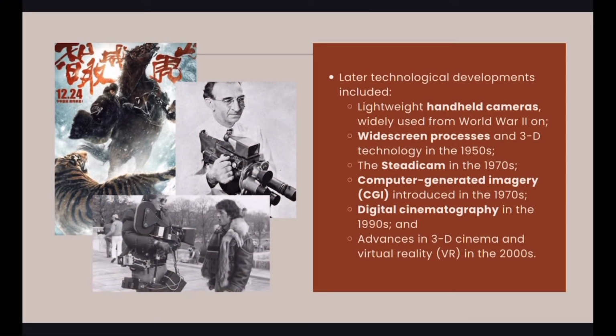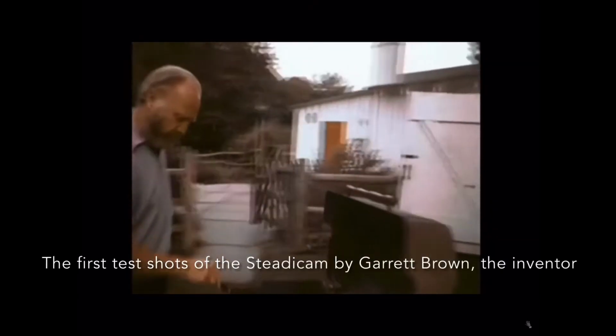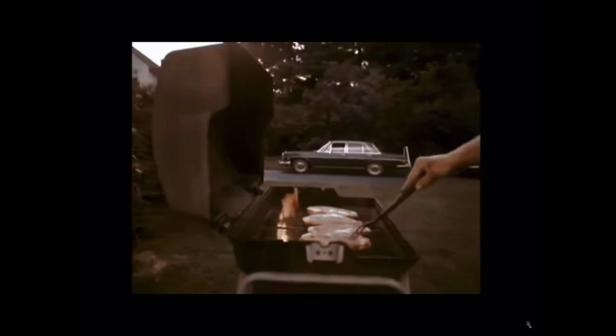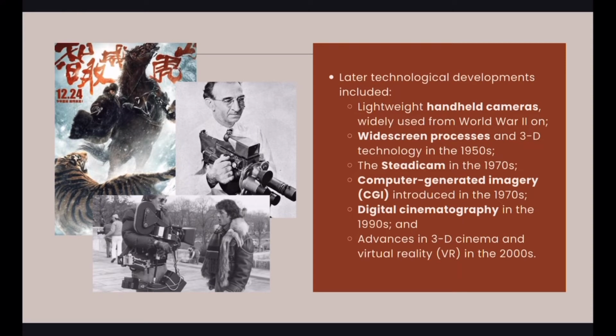Later technological developments included lightweight handheld cameras, widely used from World War II on, widescreen processes and 3D technology in the 1950s, the Steadicam in the 1970s, computer-generated imagery, or CGI, introduced in the 1970s, digital cinematography in the 1990s, and advances in 3D cinema and virtual reality, or VR, in the 2000s.